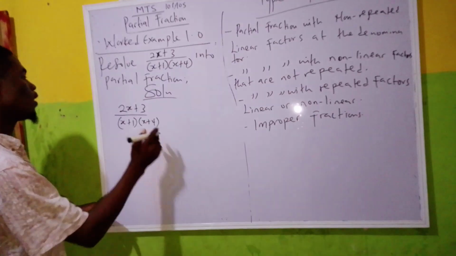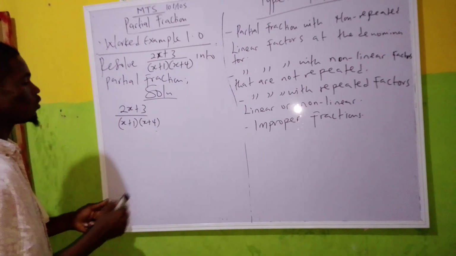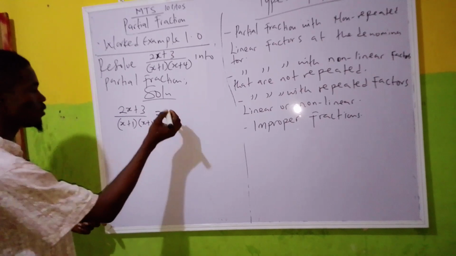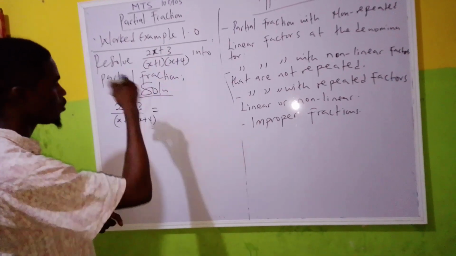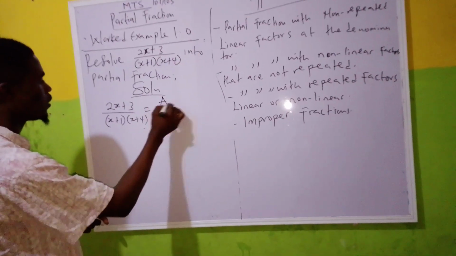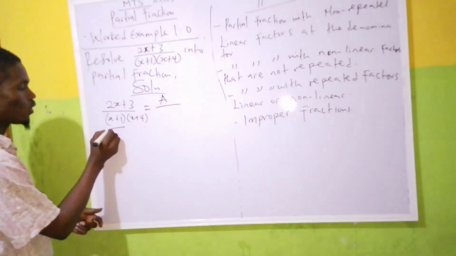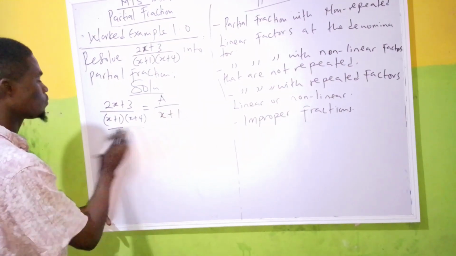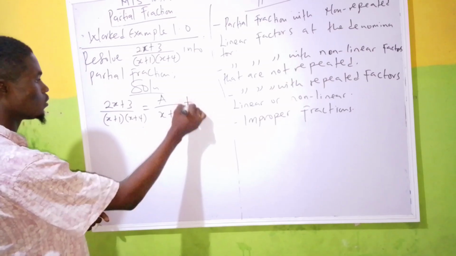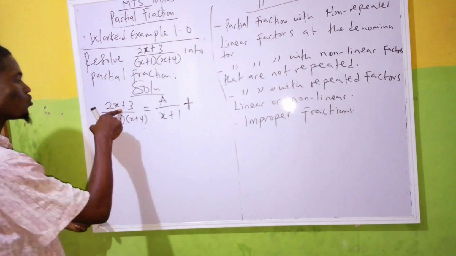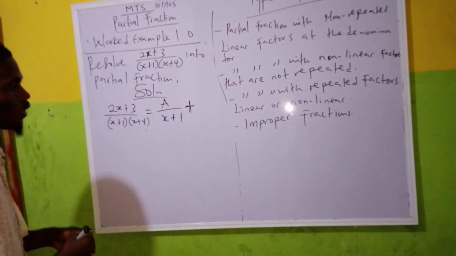Now, when you have linear factors at the denominator, just equate it. Think of a constant, just an alphabet. I'll think of A over the first linear factor, x + 1, then plus. Whether you have a minus or plus here, it will still be plus. That is the rule.